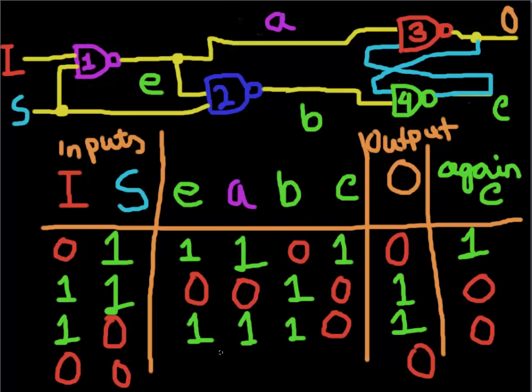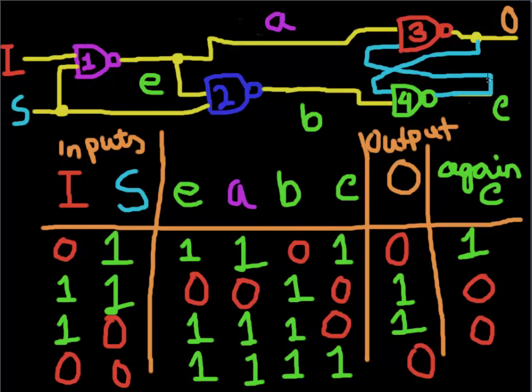So if S is 0, E, A and B will be 1, whatever I is. And so C will now be, as O was 0, C will now become 1 as well, because any input from logic NAND will produce a 1, so C will now be 1.